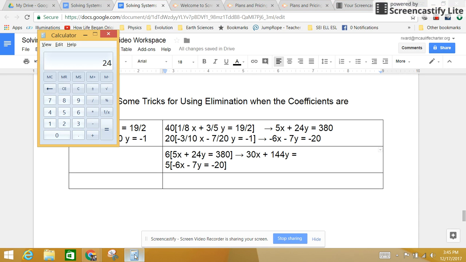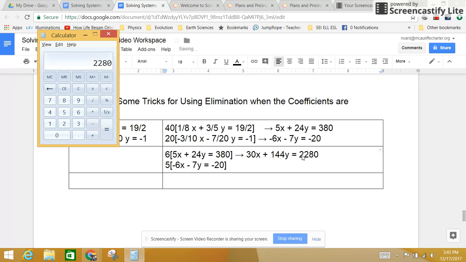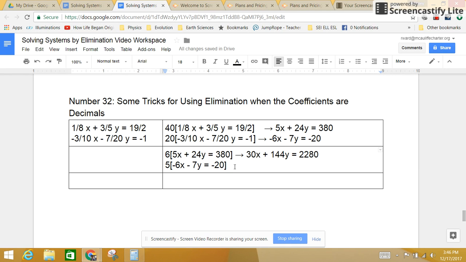I'm going to get a calculator for that. 6 times 380 equals 2280. While I'm at it, I'm going to go ahead and confirm my previous multiplication. 6 times 24 is indeed 144. All right, so I've got that equation handled.